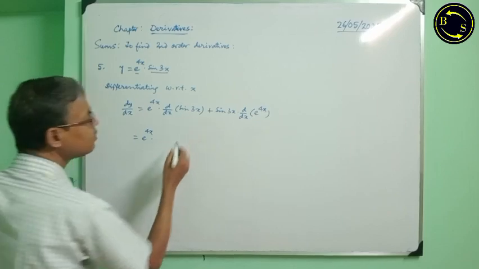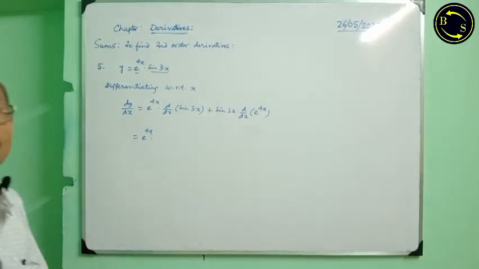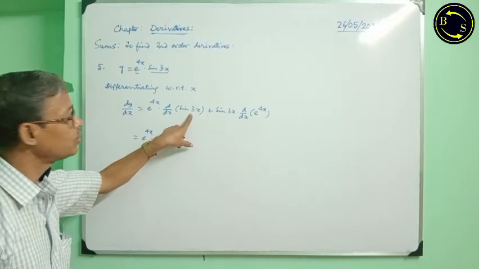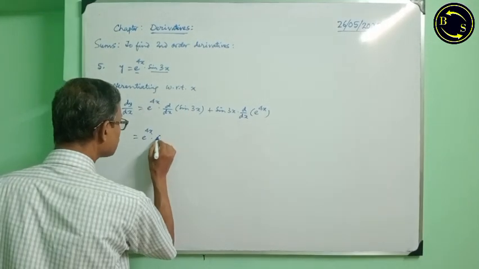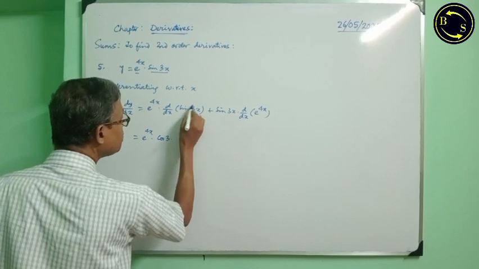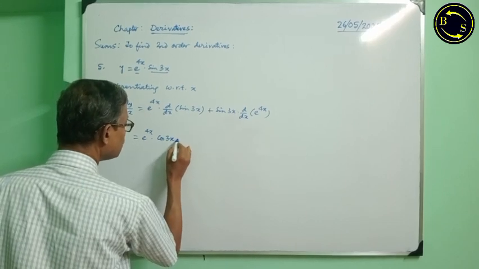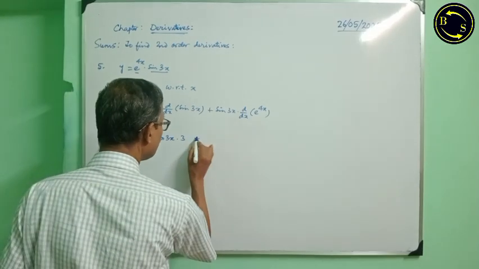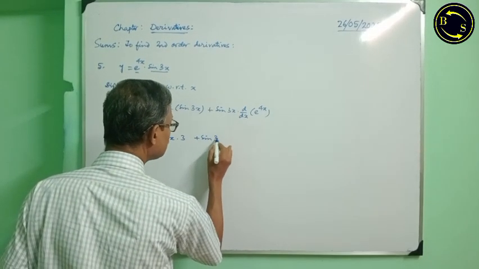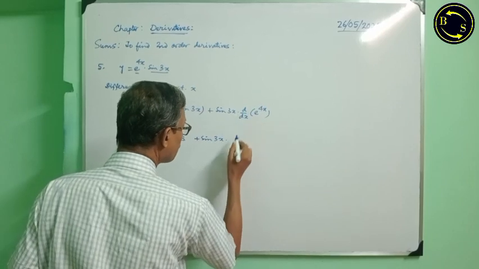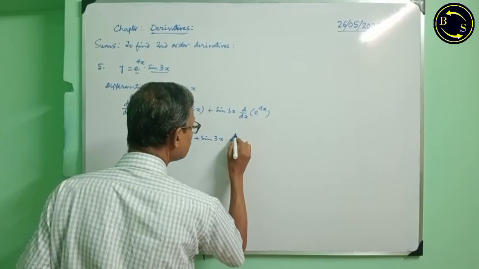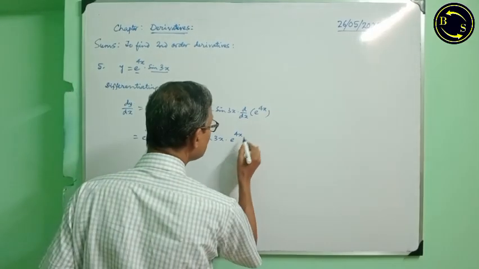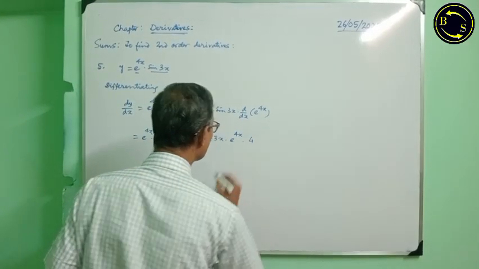Now d/dx of sine 3x, chain rule is to be applied. Sine u form where u equal to 3x, therefore cos 3x into derivative of 3x, that is 3, plus sine 3x times derivative of e to the power 4x, e to the power u with respect to u into derivative of 4x, that is 4.